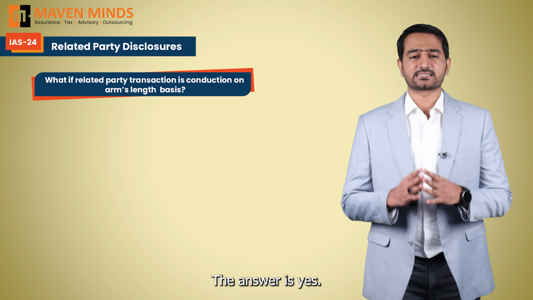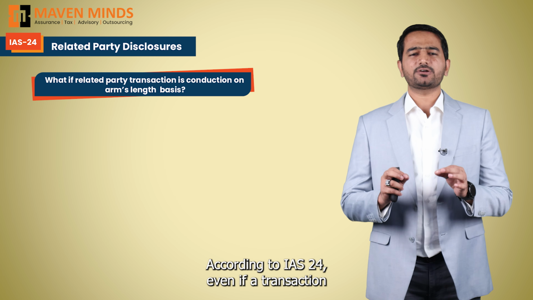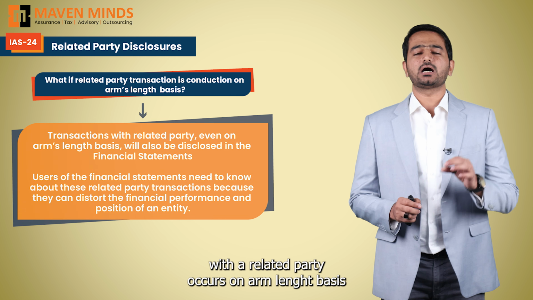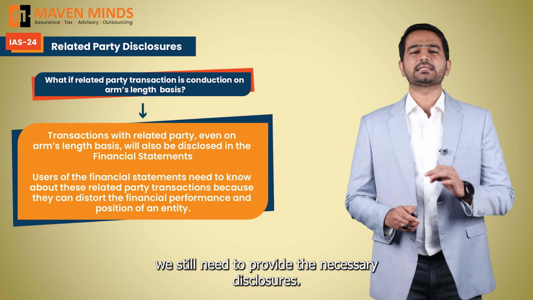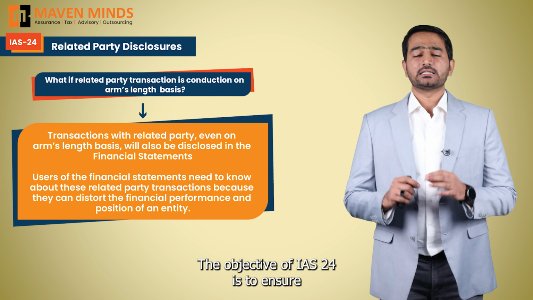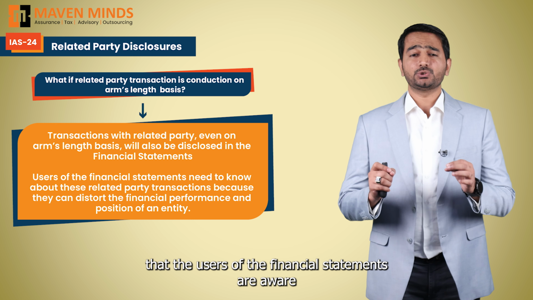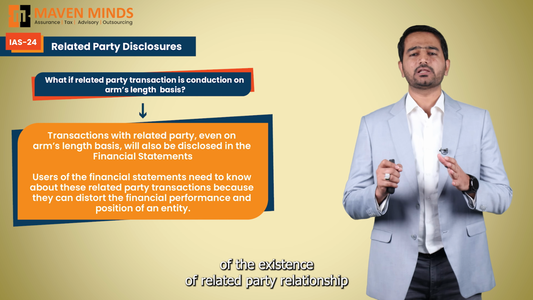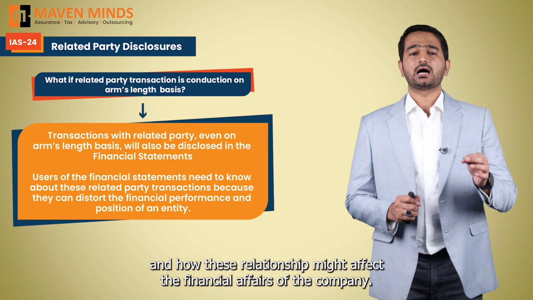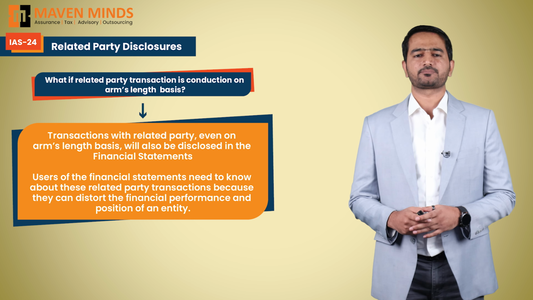The answer is yes. According to IAS 24, even if a transaction with a related party occurs on arm's length basis, we still need to provide the necessary disclosures. The objective of IAS 24 is to ensure that the users of the financial statements are aware of the existence of related party relationships and how these relationships might affect the financial affairs of the company.